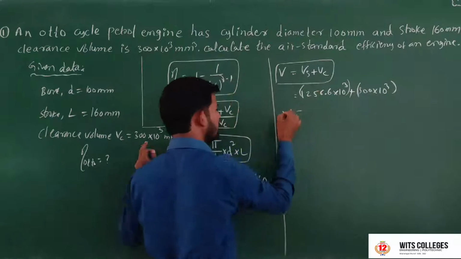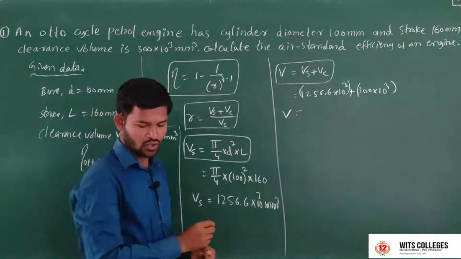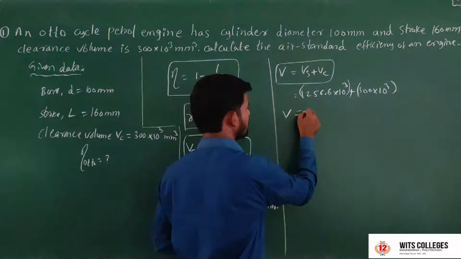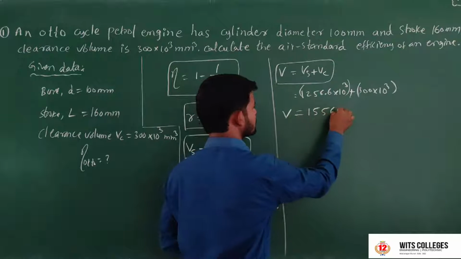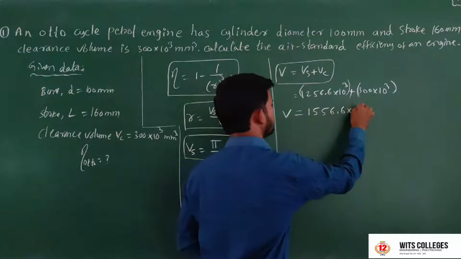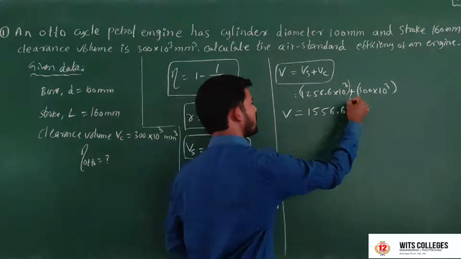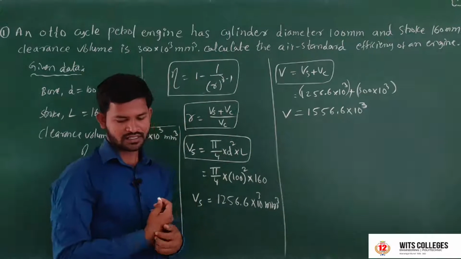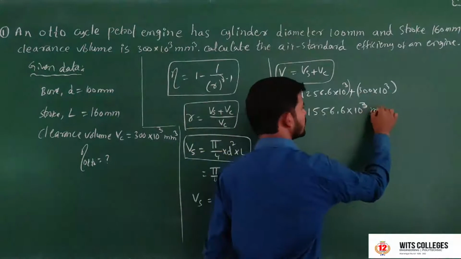Here we get the total volume V equals 1556.6 × 10^3 mm³. This is the total volume.